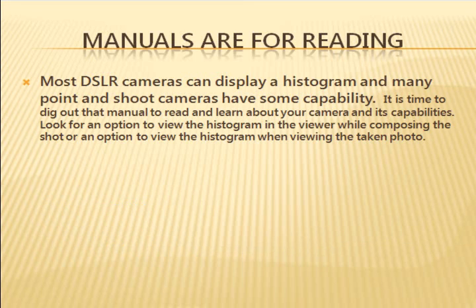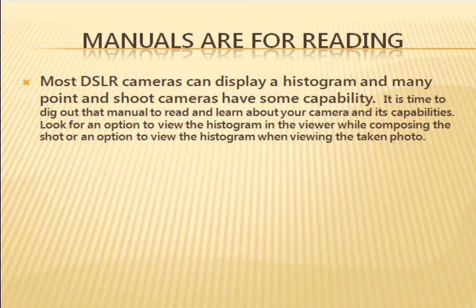Manuals are for reading. Most DSLR cameras can display a histogram, and many point-and-shoot cameras have some capability for displaying a histogram. So it's time to dig out that manual and to read it and to learn about your camera and its capabilities.